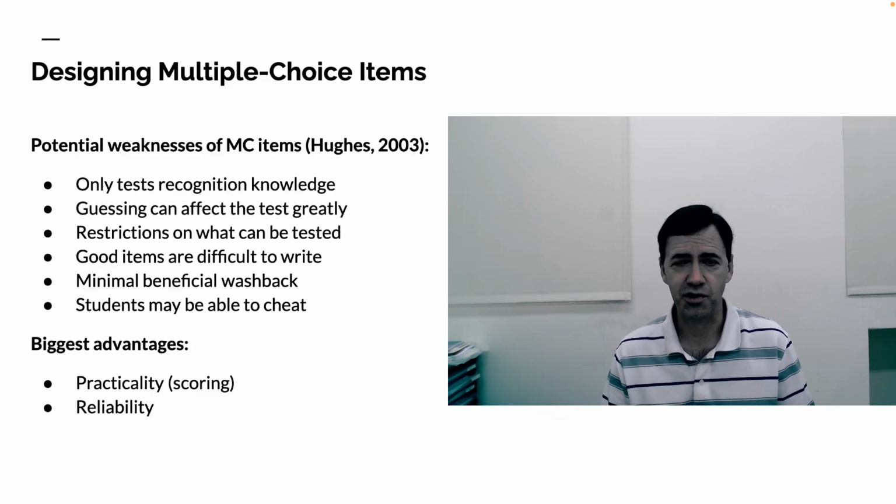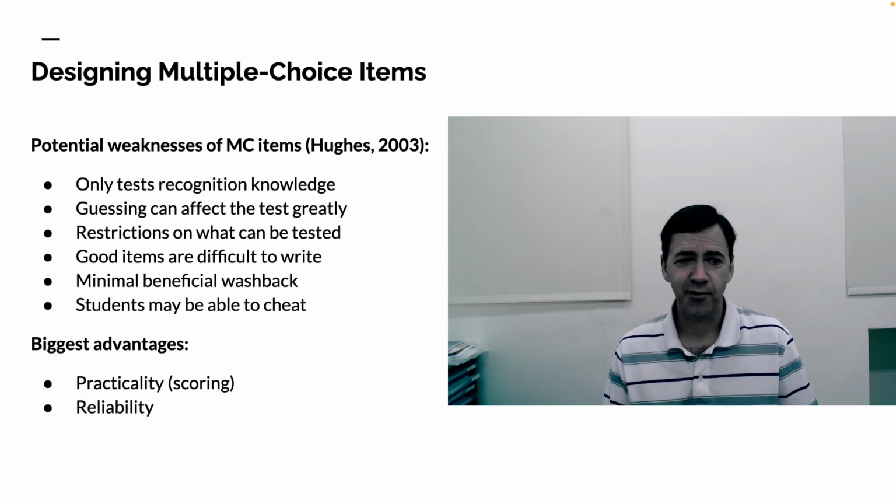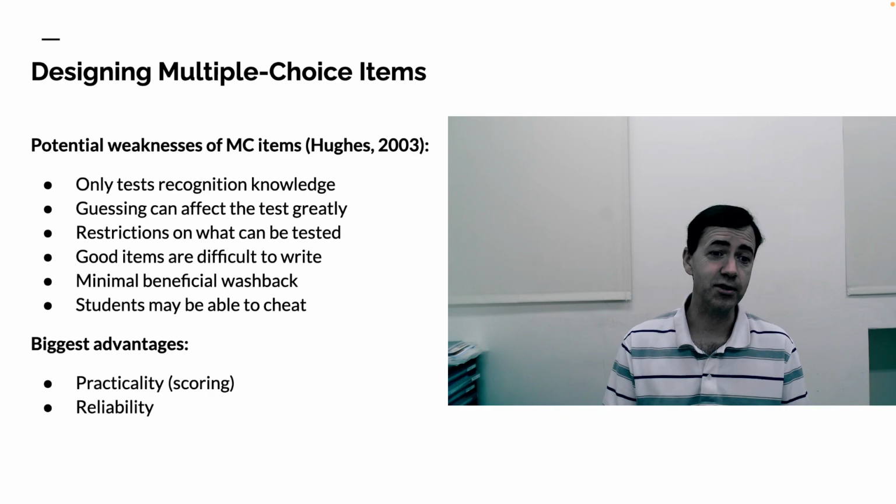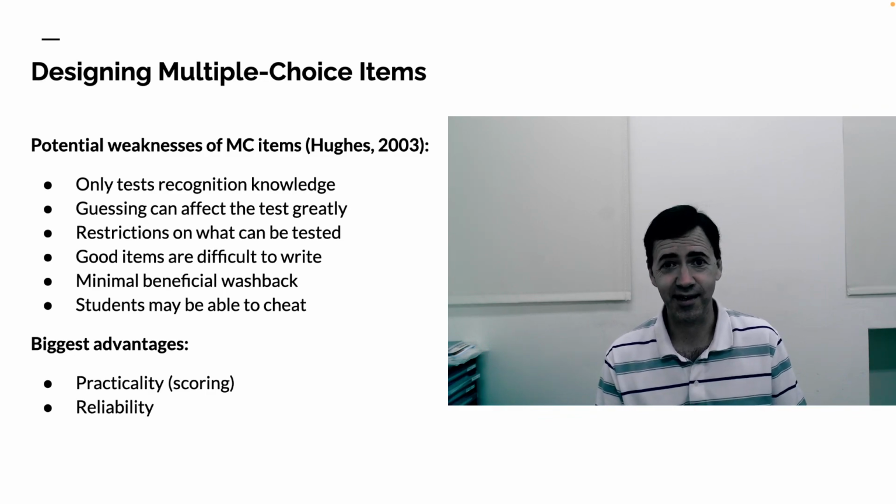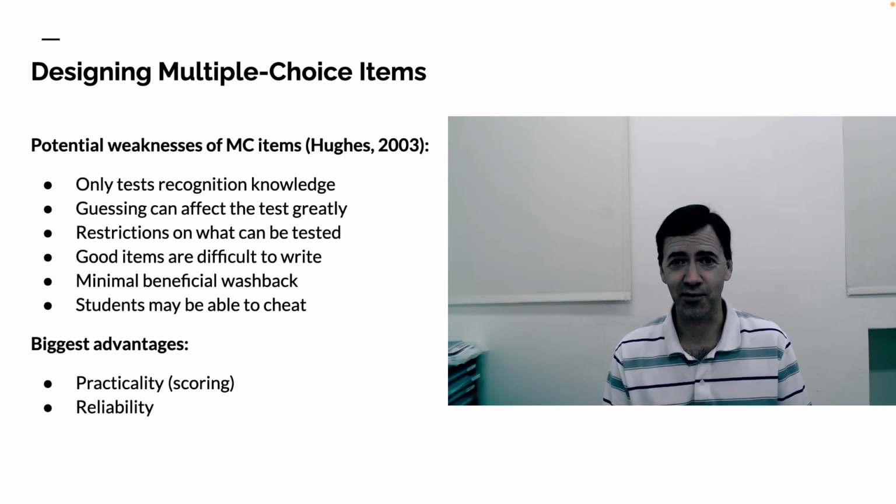Okay, and also students are just getting a score, correct or incorrect. And of course, they might be able to cheat. So in a classroom where students are writing ABC on their test, it's a little bit easier for them to look over and see what their partner or their classmate has written.